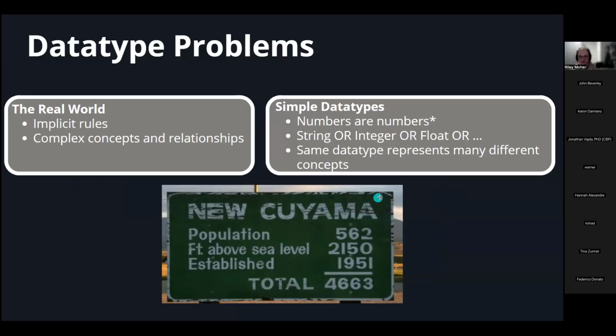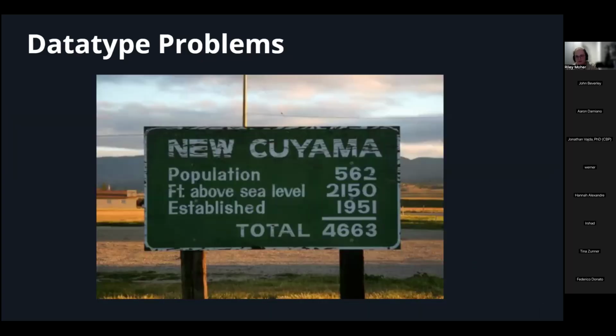But we have, of course, this semantic heterogeneity inherent in here, in that the same data type is representing many different kinds of concepts. And to illustrate that this isn't just a toy example, of course it's a little bit of a silly joke and a little bit of humor, but there are actual concepts underlying this.